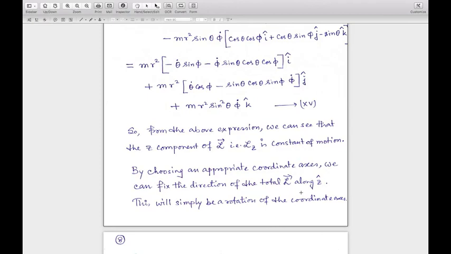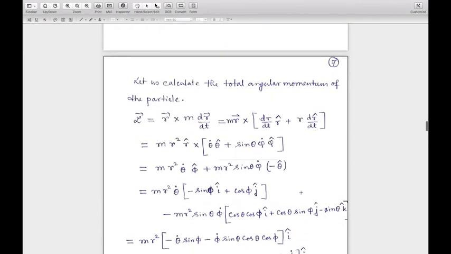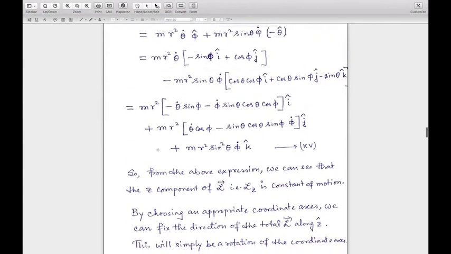So your L basically has this direction, which has some i component, some j component, that is, x component, y component and z component. Now let us rotate the vector in such a fashion that it will only have this k component and both of these components will vanish.